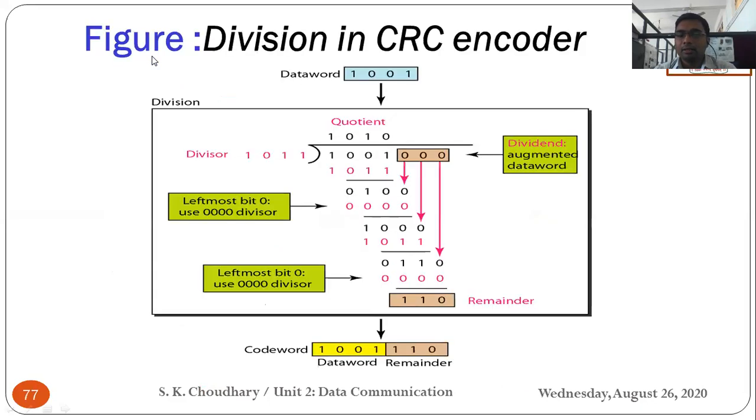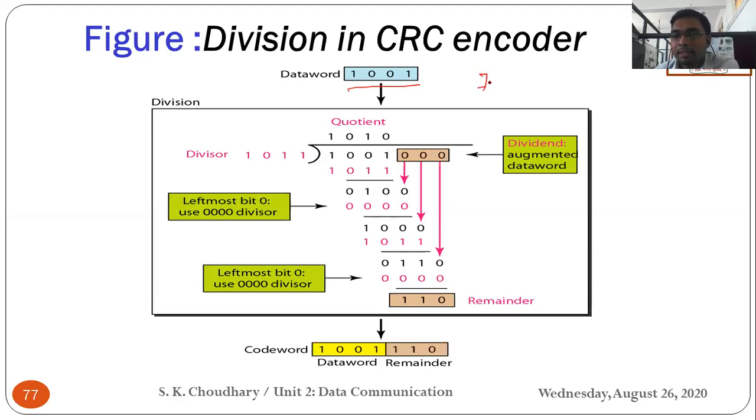You can understand this concept with the help of this diagram as well. Take one example from this diagram. We have a 4-bit message, so we have taken a 4-bit message as the data word, 1001. As per the rule of this CRC coding, you have to add n minus k zeros.